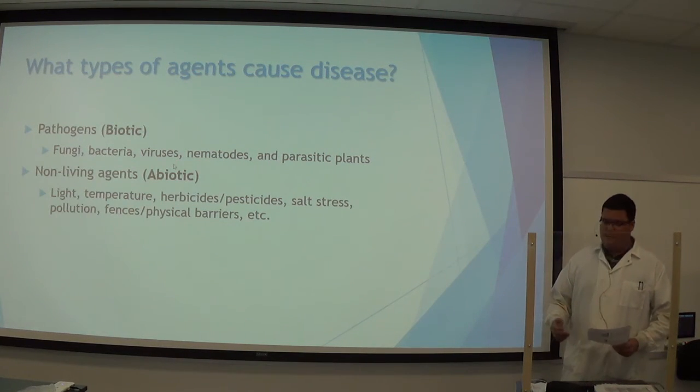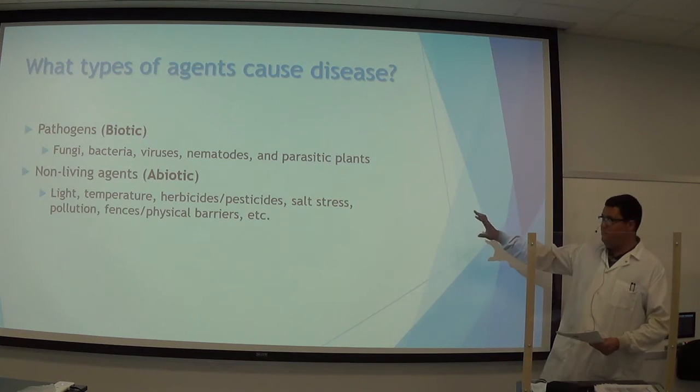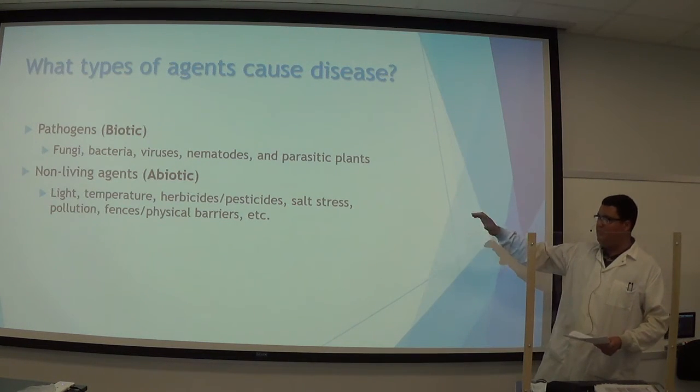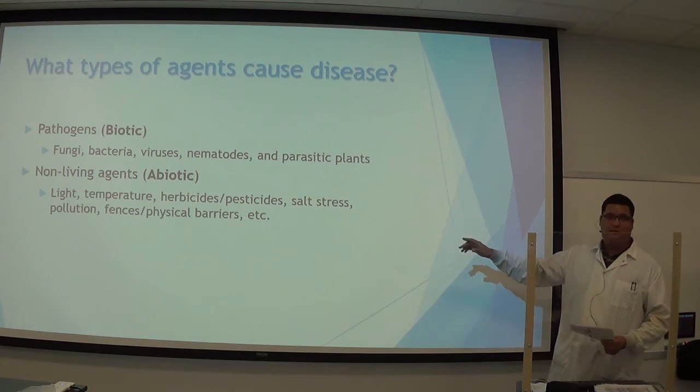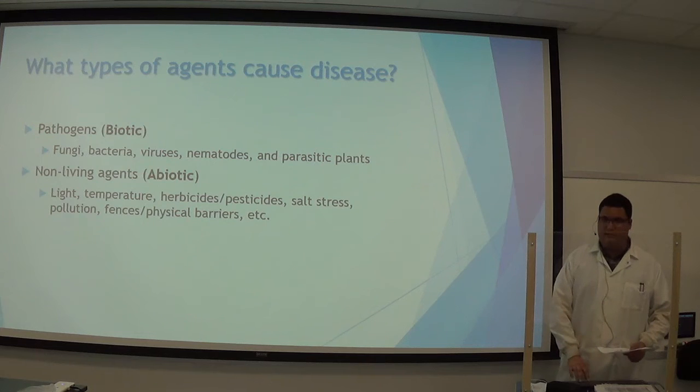So for the purposes of this course, this is what we'll be asking you, what is a biotic pathogen, or what is an abiotic or non-living pathogen. But do know that there are some discrepancies in that.